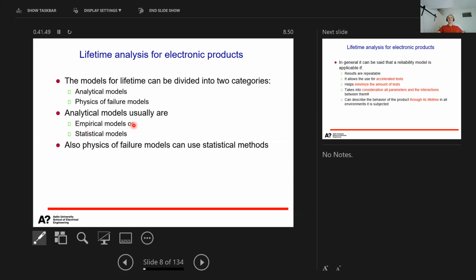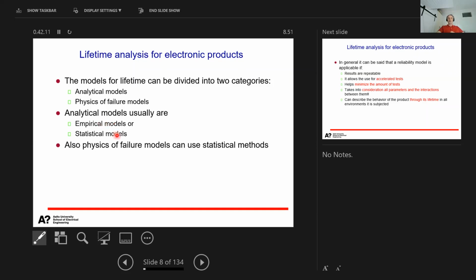So these are quite often much easier to use, therefore they are much more common, but the problem is that they might be completely misleading outside of the boundary conditions where they are valid.